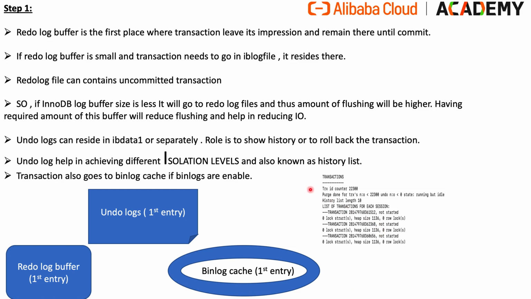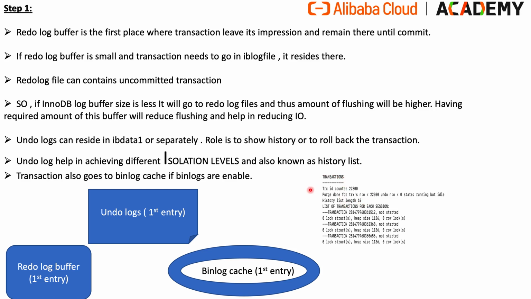So under the transaction list, you can see that we have a history list, which says the list of transactions with delete-marked records, and they are scheduled to be processed by the InnoDB purge. So purge is an option which deletes the old data.